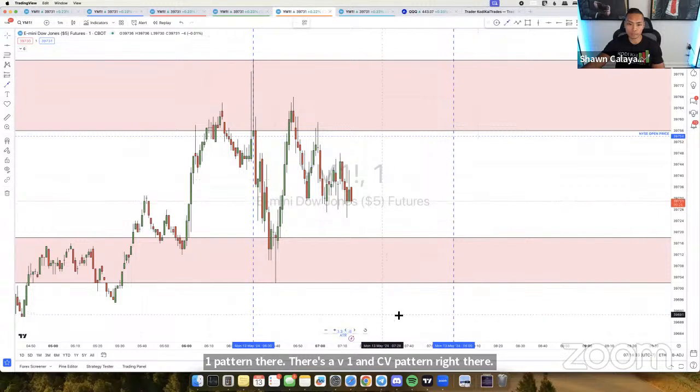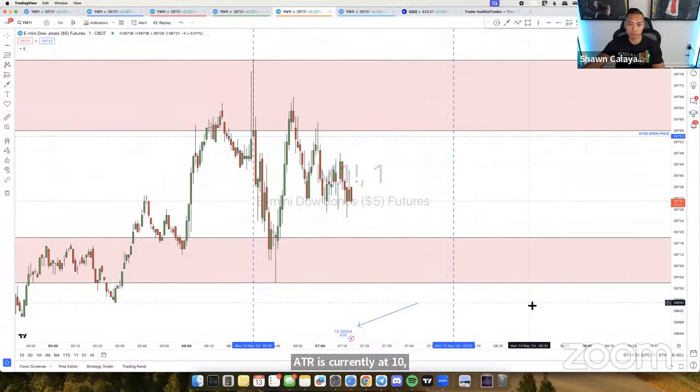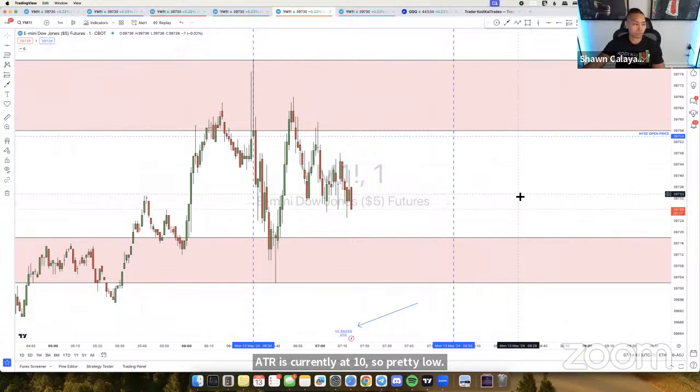ATR is currently at 10, still pretty low. Not really too much movement. Price is coming down a little bit.